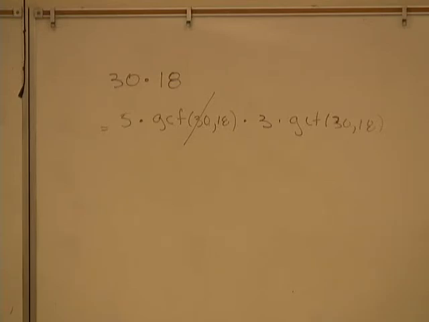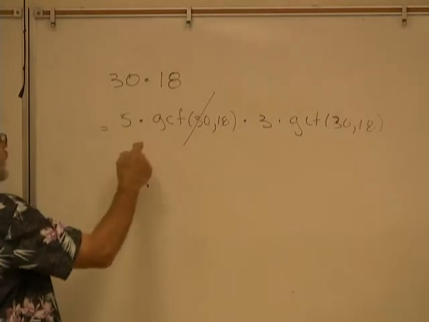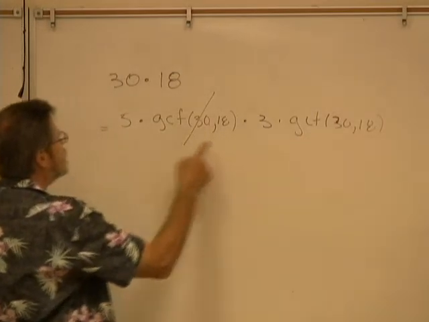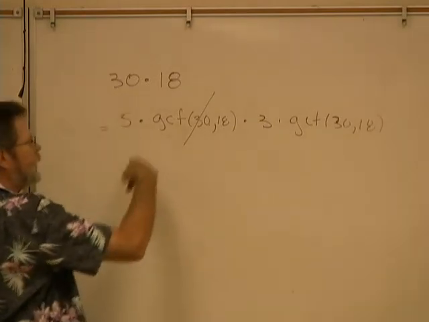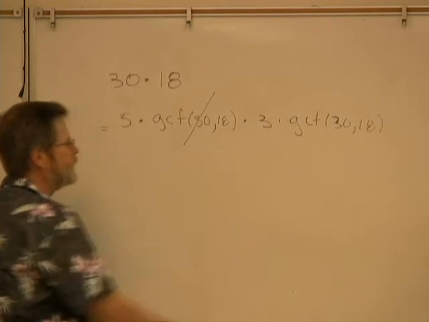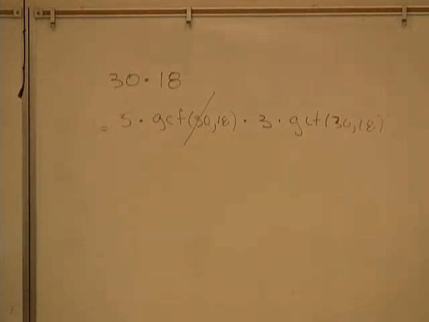The greatest common factor only needs to appear once. But the greatest common factor is in both of them, so I can cancel it out in finding a smaller number such that both of them divide. Just because I have one copy here, and I have 5 times 6, which is 30, so 30 divides this, and I have 3 times 6, which is 18, so 18 divides the right-hand side.